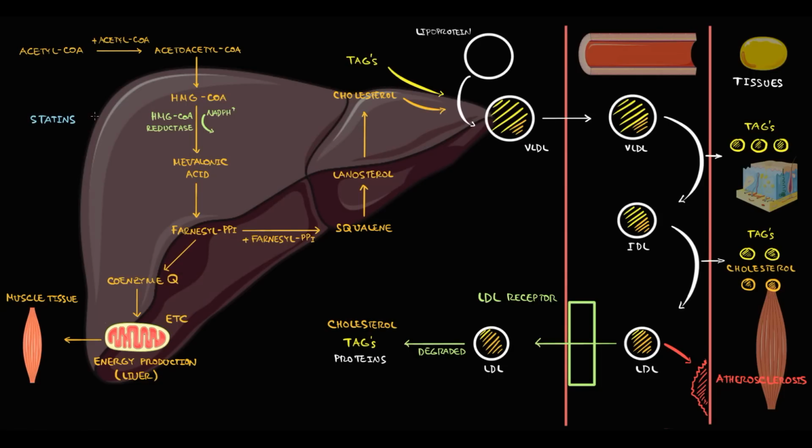Statins inhibit the activity of HMG-CoA reductase. If this enzyme stops working, liver cannot produce mevalonic acid, so subsequently the production of all other intermediate metabolites in cholesterol synthesis decreases, and eventually the production of cholesterol itself decreases.